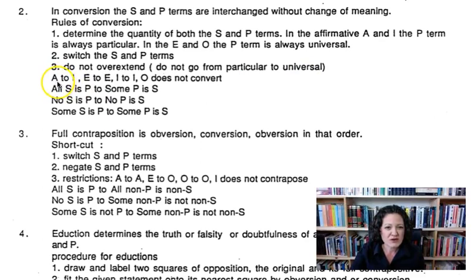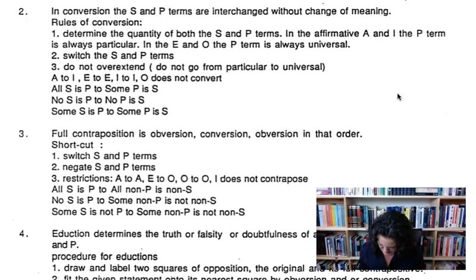So when we convert, an A statement changes to an I statement. An E statement is going to change to an E statement, and I is going to change to I, and O does not convert. So let me go back to the iPad here for a second. Let me write this down before I forget.